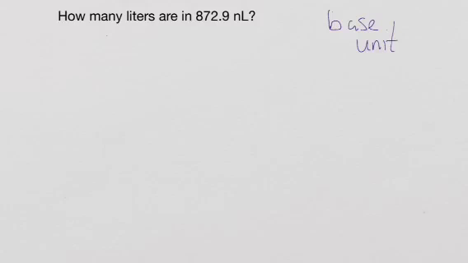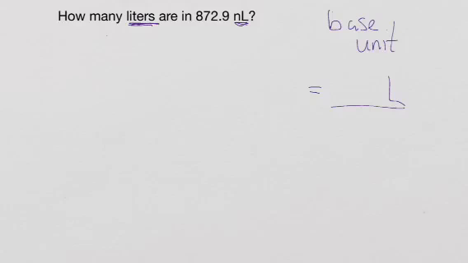We can put on centiliters, megaliters, milliliters. So we have here nanoliters and we have liters. So check both what it's given you and what it's asking you for. If either one of those is just the base unit without a prefix, it's one step. So this one is going to be one step because it says how many liters.